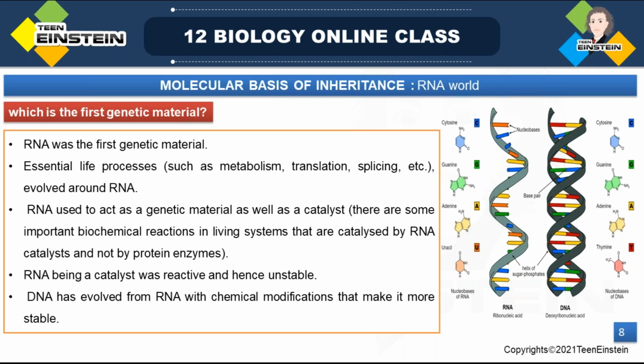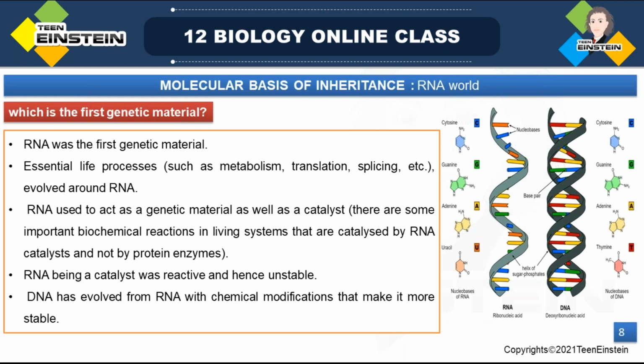So in that case, RNA, in some cases, is working as a catalyst also. Some important biochemical reactions are catalyzed by RNA, and not by enzyme. The rate of reaction gets increased, but not by enzyme. That role is done by RNA.